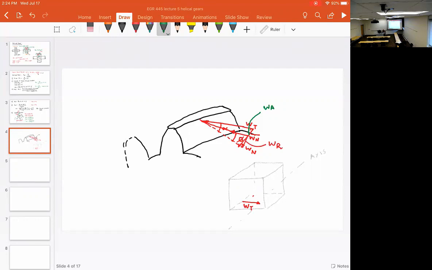This is going to be Wn. This is going to be Wa.